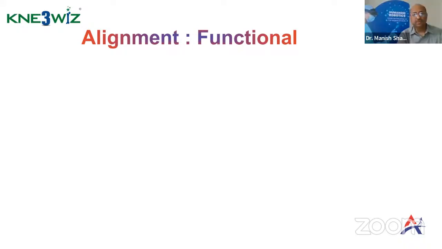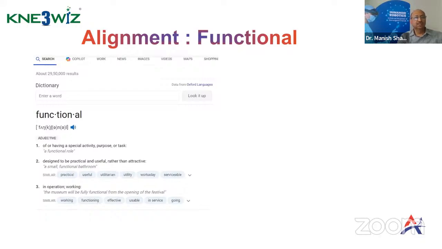Good afternoon, everyone. And as the summer heats up, we have a very hot topic today, and that is alignment. We all know that alignment is functional. If we were to look up the dictionary meaning of the word functional, it means of or having a special activity, purpose, or task designed to be practical and useful rather than attractive.